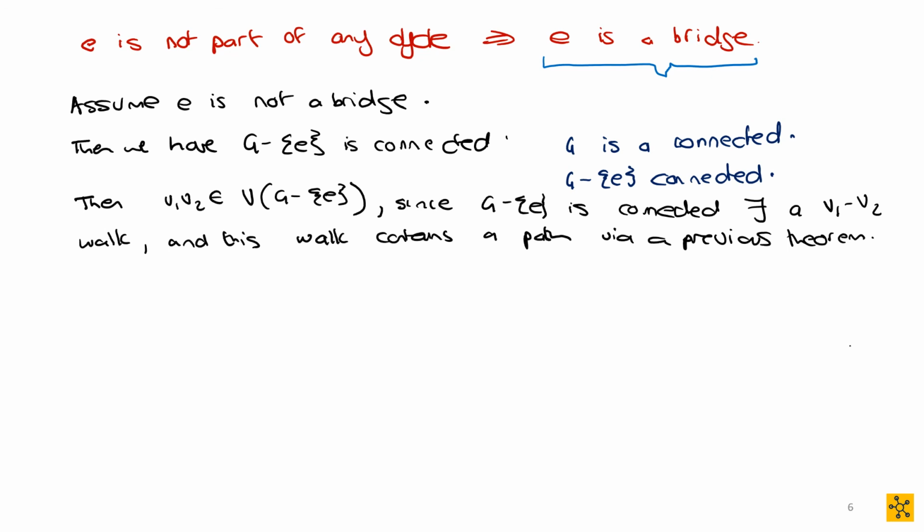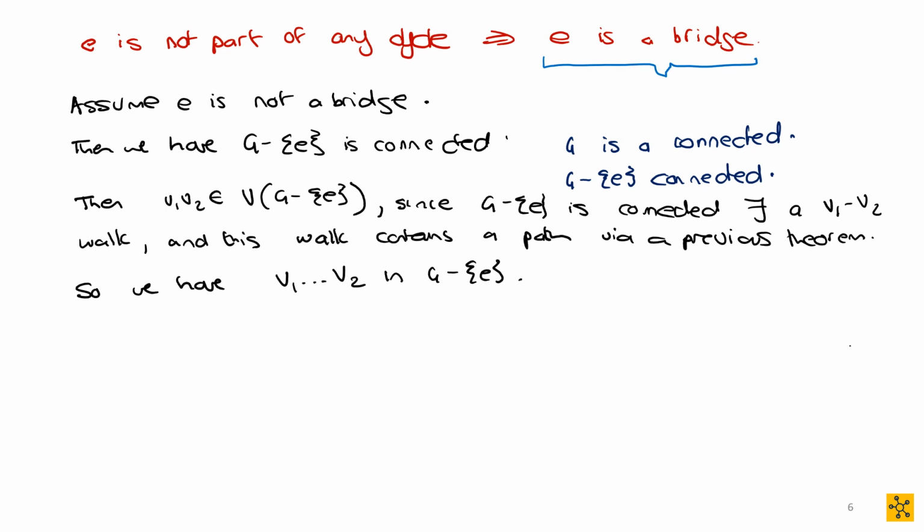Usually you'll actually state the theorem that it comes from, or point out that this is something that exists. Okay, so now we have this path from V1 to V2 in G minus E.